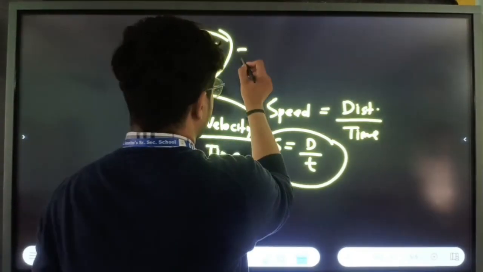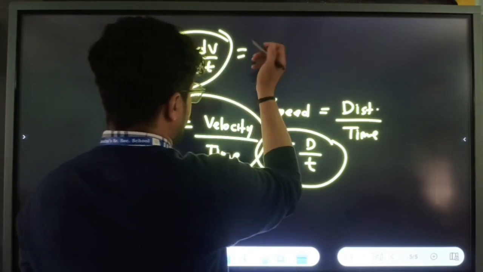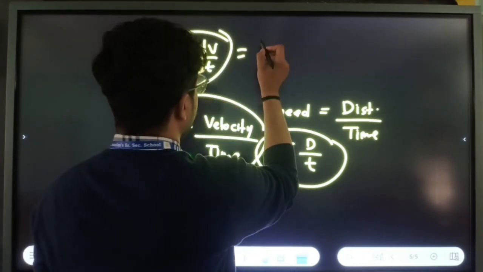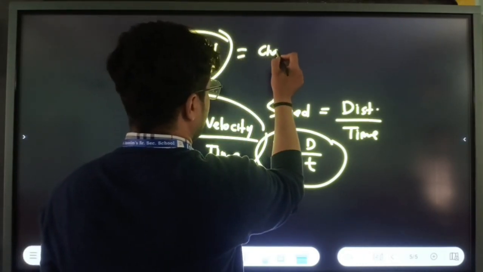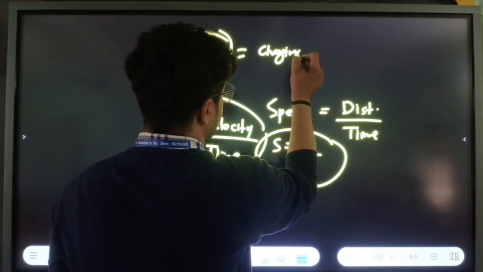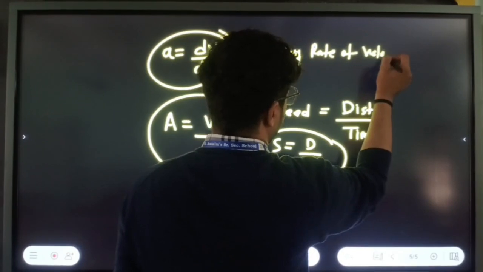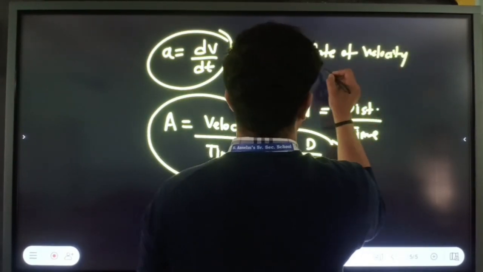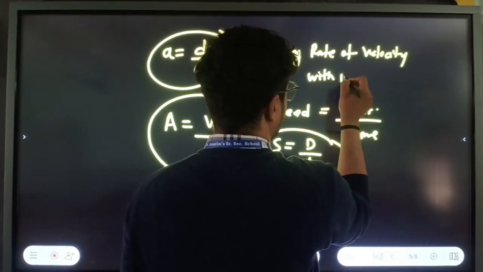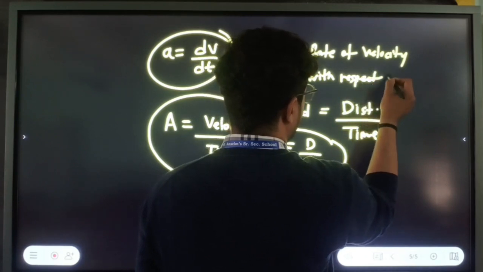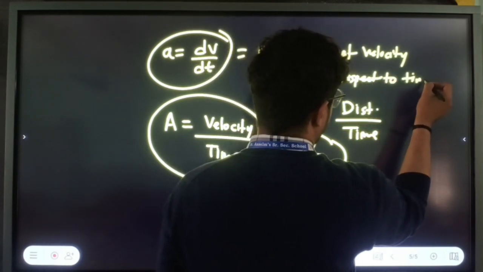So I can write here the mathematical form, and I can write another form, that is the theoretical form: changing rate of velocity with respect to time.